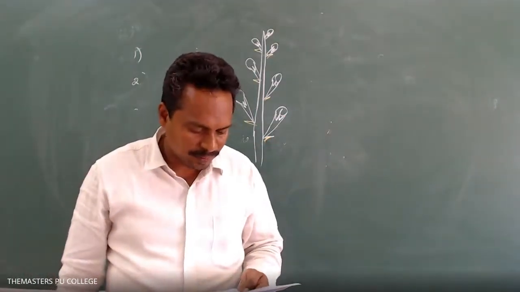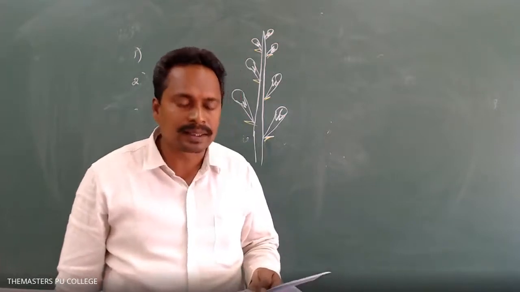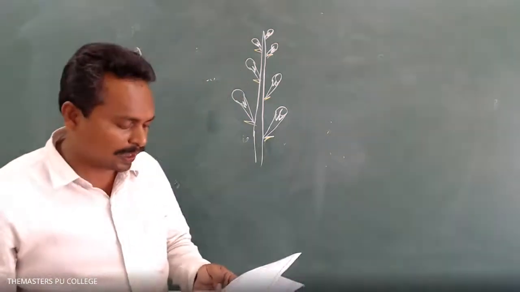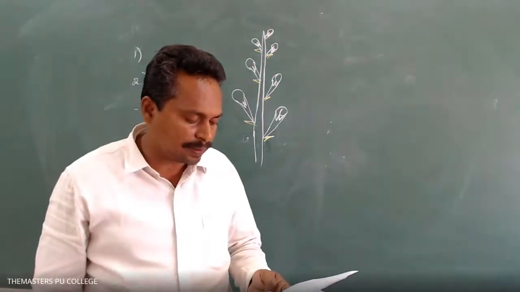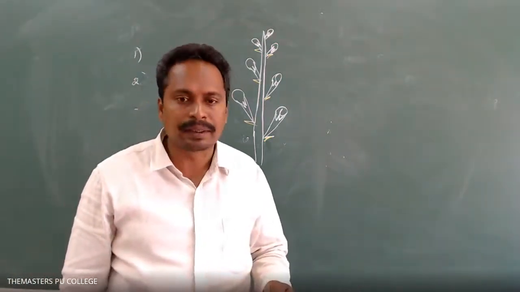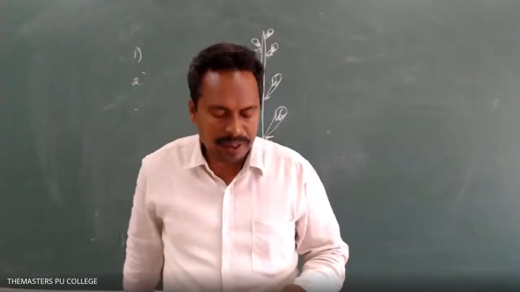Next. Opposite decussate phyllotaxy is found in option 1 Calotropis, option 2 mango, option 3 hibiscus, option 4 Nerium. What is the answer for this question? Option 1, Calotropis. Very good. Sir, what is decussate, sir?